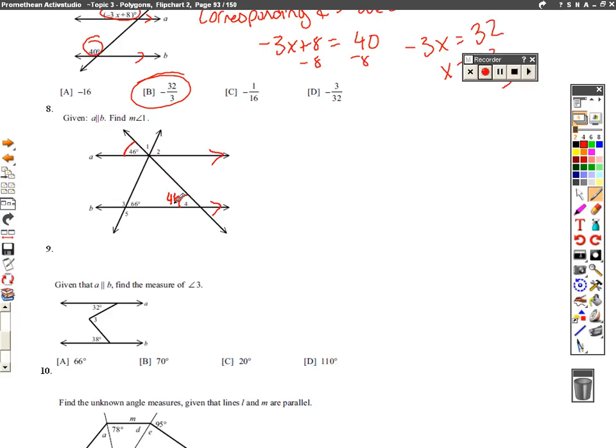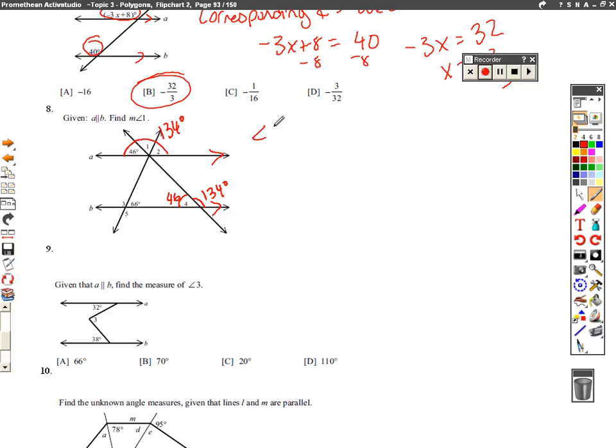And that means that the angle next to 4, there's a couple of things we're going to do here. The angle next to 4 and 4 add up to 180, so this angle is 134 degrees. Because they're supplementary, because they are a linear pair. Which means this angle is 134 degrees.